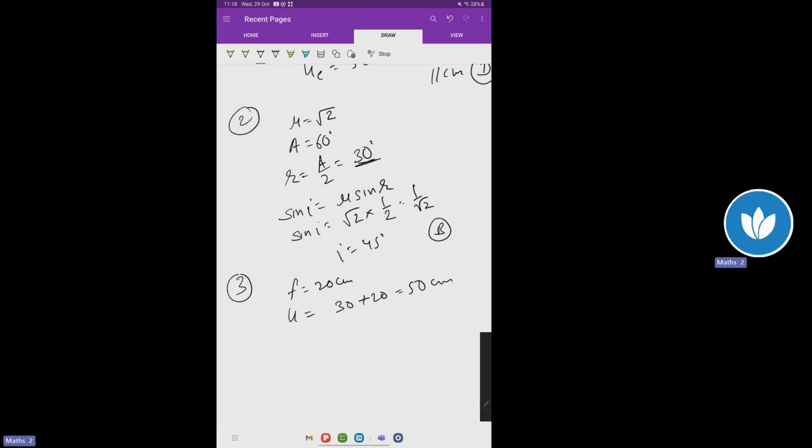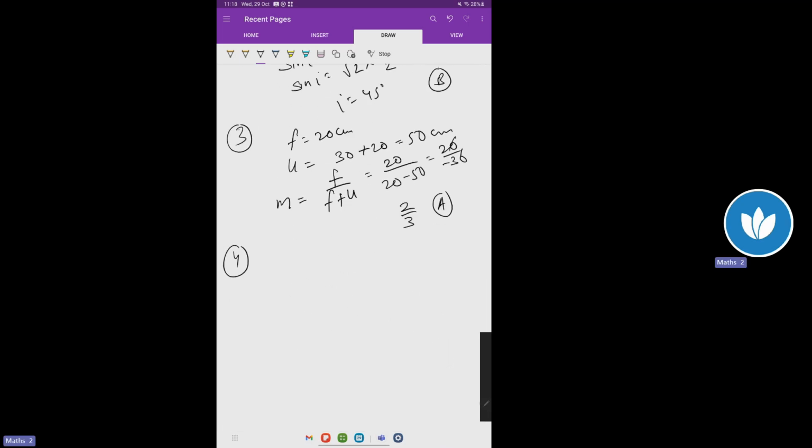The ratio of the size of the real image to the object means magnification, and for a lens magnification is f upon f plus u. Focal length is 20, this is minus 50, so 20 by minus 30. So the ratio is 2 by 3 in magnitude. Option A.